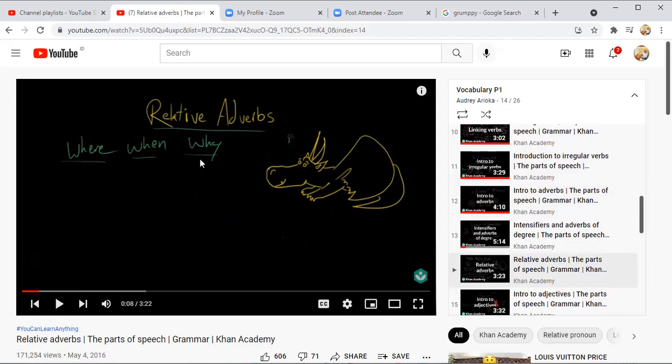Besides adding adjective plus ly, jadinya selain menambahkan adjektif dengan kata belakang suffix, seperti yang tadi kita sudah tonton, like what we just watched, there's another type of adverb, like adverb of place, time, and reason.